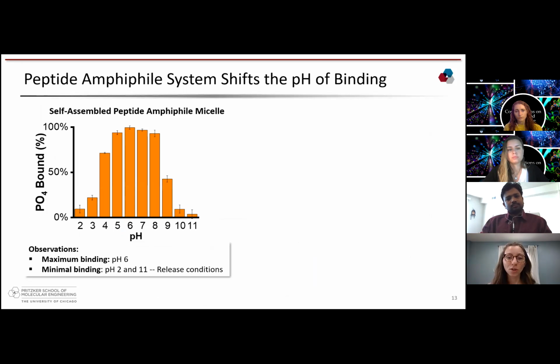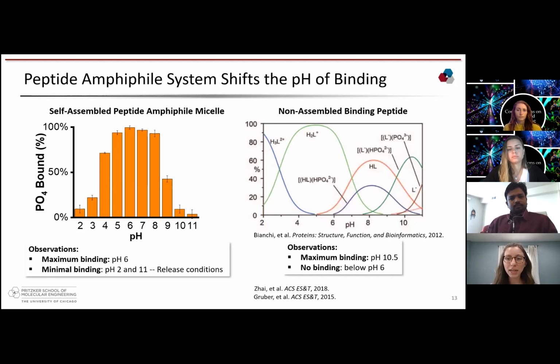So to recall, this is the phosphate binding profile of our material, where we saw that phosphate was bound at a maximum at pH 6 and minimum at pH 11 and pH 2. But that is actually quite different than the pH binding profile of the non-assembled binding peptide, when it's just the hexapeptide that was previously synthesized and shown to bind phosphate.